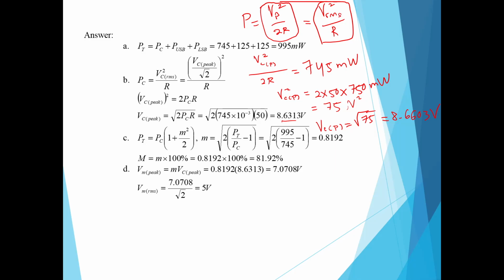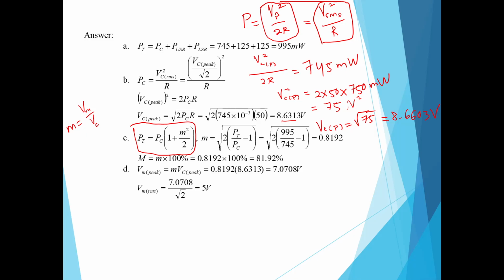If you don't want to use this equation, you need to define M equal to Vm over Vc.